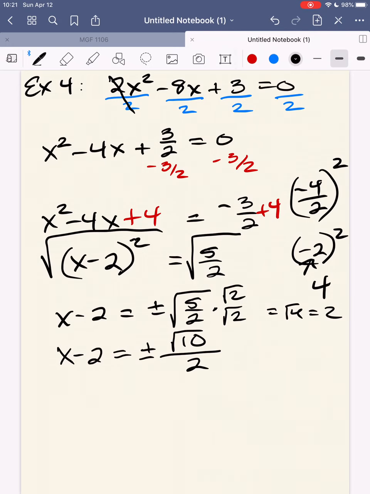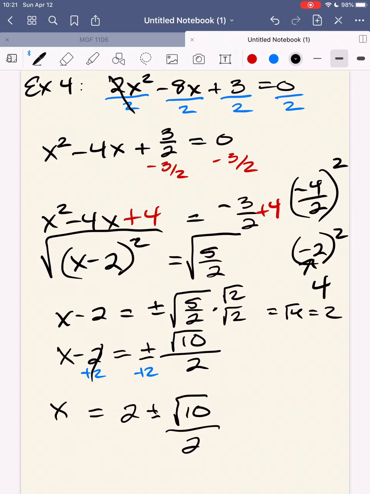I'm going to add 2 to both sides. Okay. And so x is going to be equal to 2 plus or minus the square root of 10 over 2. Okay, I want to put this all together here.